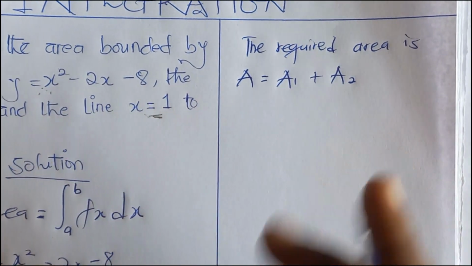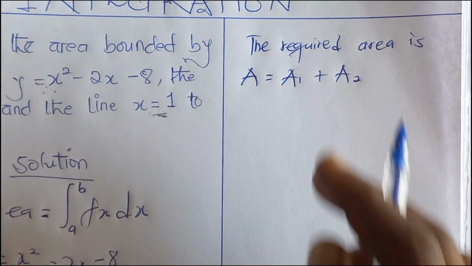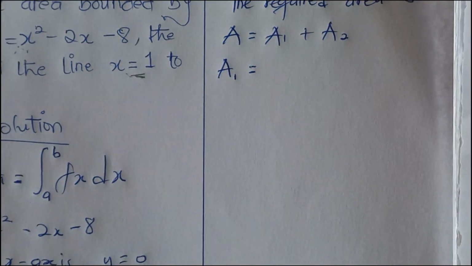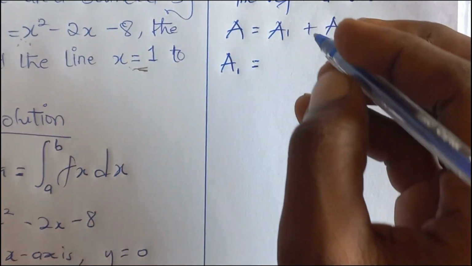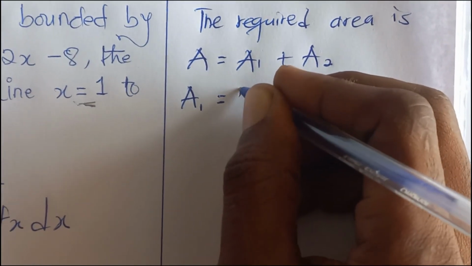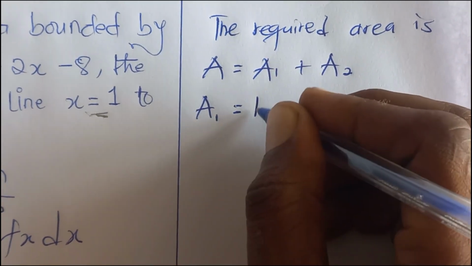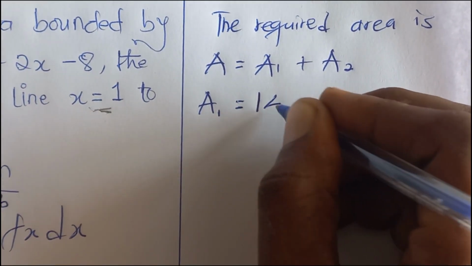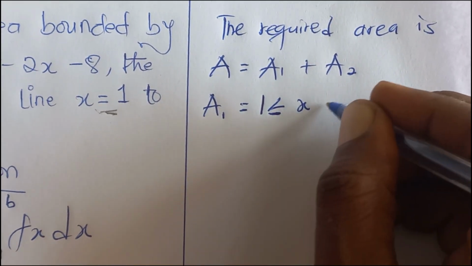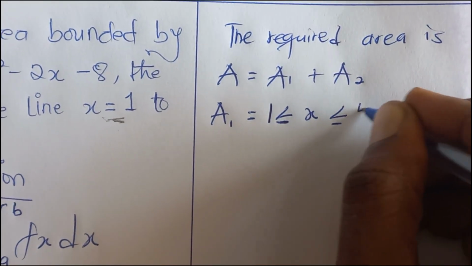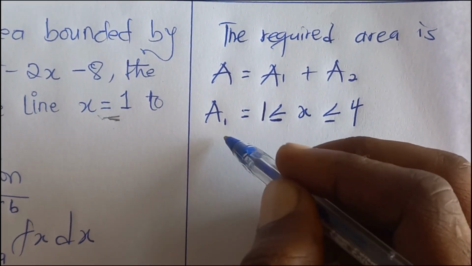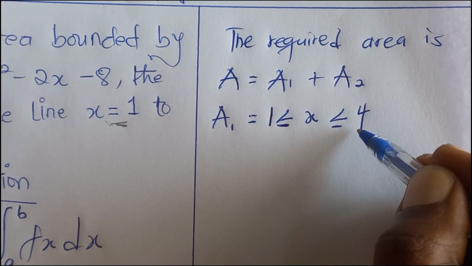Now let's look for the range for A1. Our lower bound will be from x equal to 1. Okay, so this is our bound for A1.